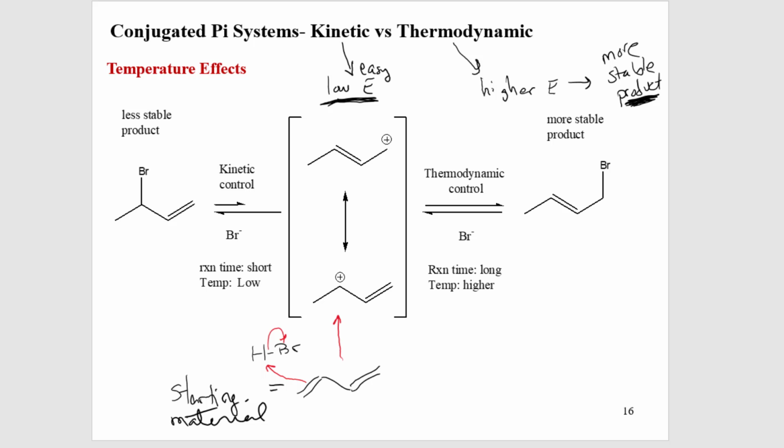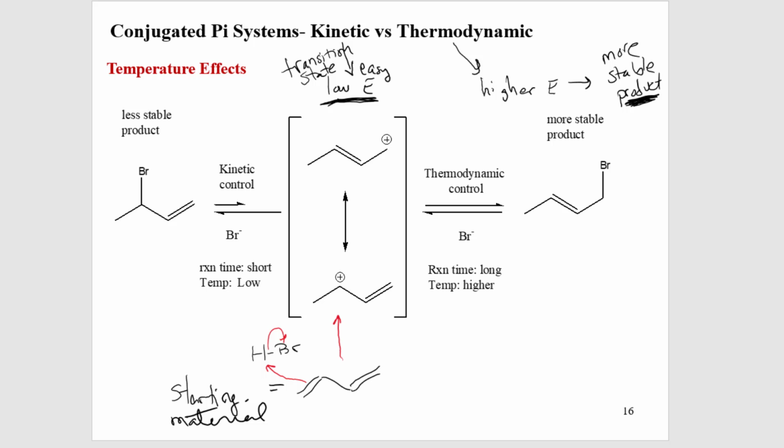Is the product the most stable? So it's very product focused. Kinetics is not about the product. It's about the process, right? The transition state. So what governs kinetics is the transition state. What governs thermodynamics is the outcome, the product.